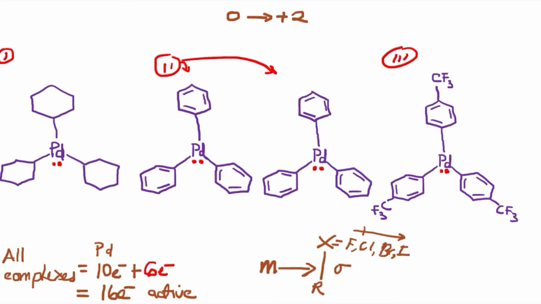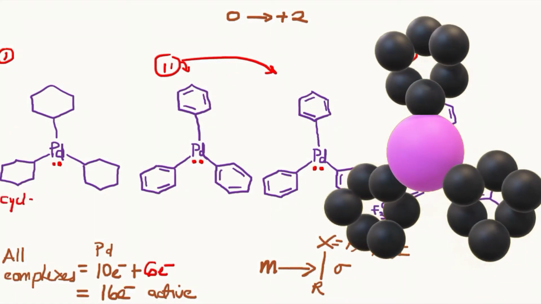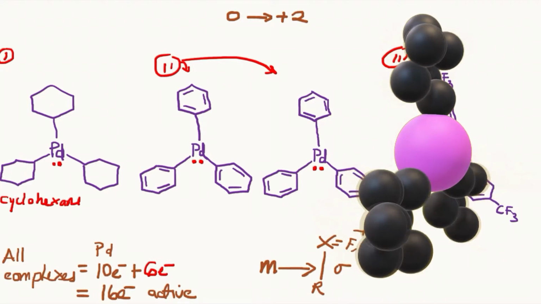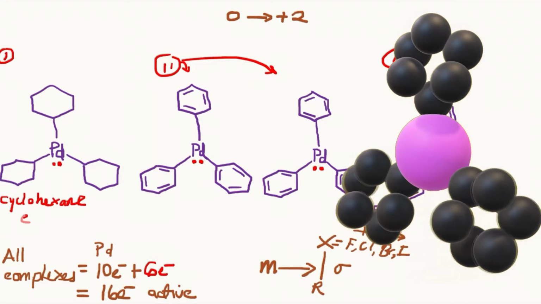Will the ligands act as electron donors, or will they act as electron acceptors, or are they electron rich or electron poor? What we notice in number 1 is that we have cyclohexanes, and these cyclohexanes, which are alkanes, are quite known to be electron donors because they are electron rich.